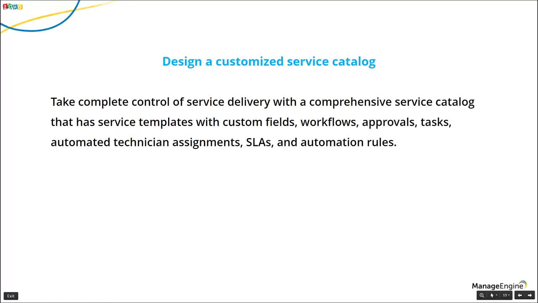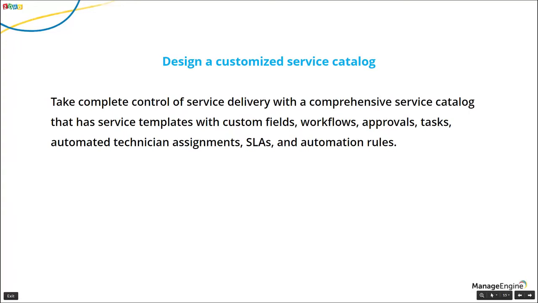Now we are going into hack 3, which is the most important aspect of today's conversation: customizing your service catalog. Basically designing your service catalog, telling your employees what the various templates or services are that are easily available and accessible to your users.